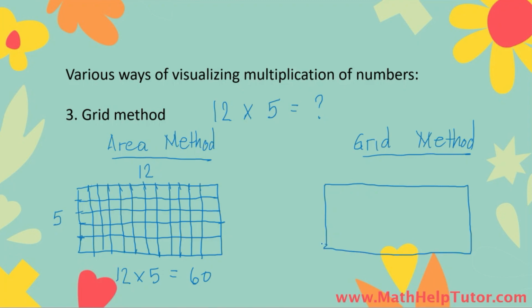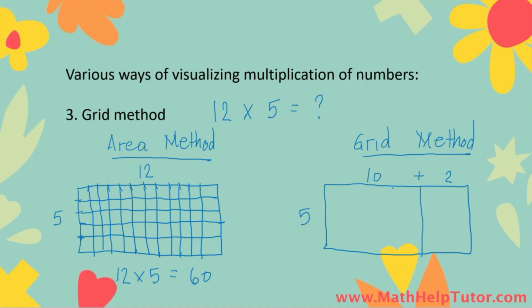Now this rectangle has a length of 12 squares and a height of 5 squares. Now as you know, we can decompose 12 into 10 plus 2, right? So let's go ahead and change 12 into its decomposed form. That's 10 plus 2. Next, we draw up regions based on the places of the numbers that we are multiplying.